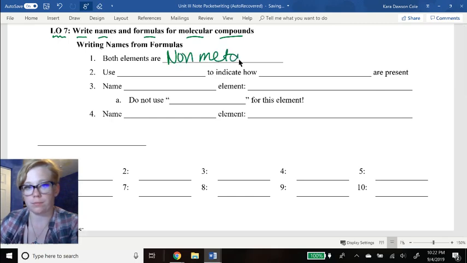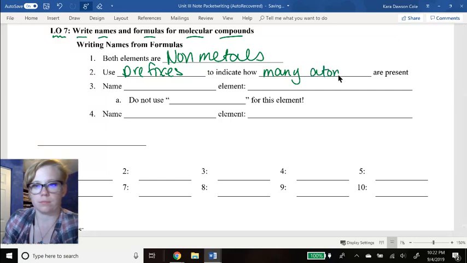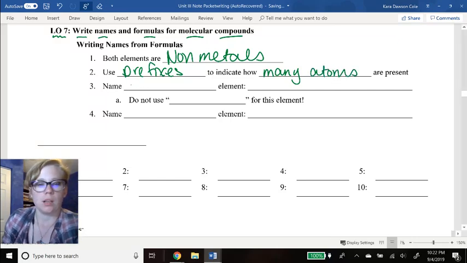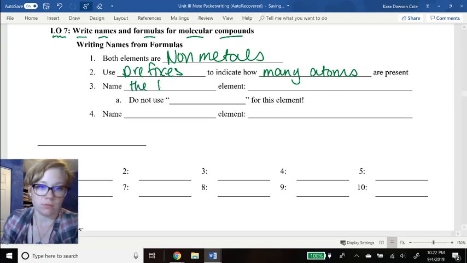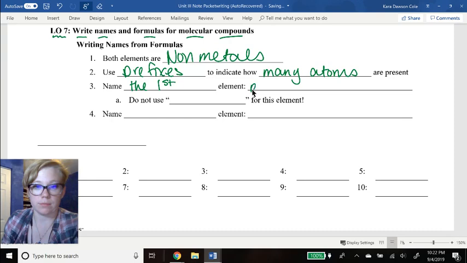non-metals. These prefixes indicate how many atoms are present. We name the first element with its full name.